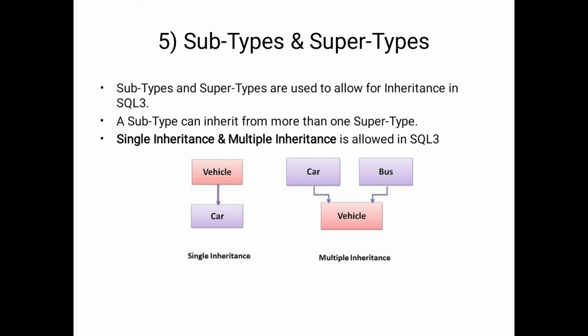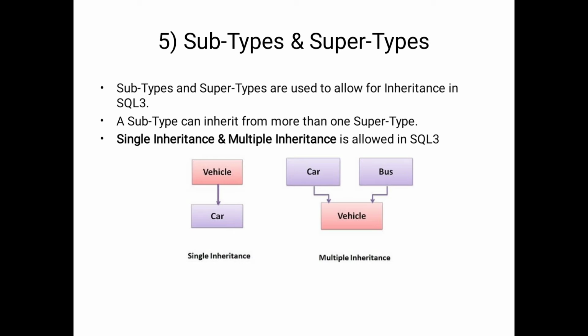In single inheritance, we consider vehicle as the supertype, and car is one subtype of vehicle. So the car can use all or some of the properties, based on the aim of the car class. Here the car can use the attributes of vehicle.